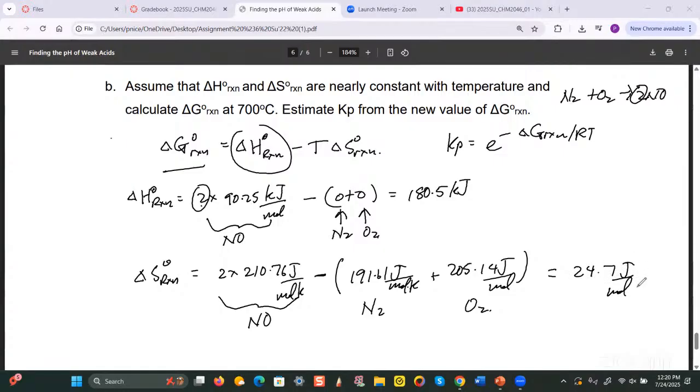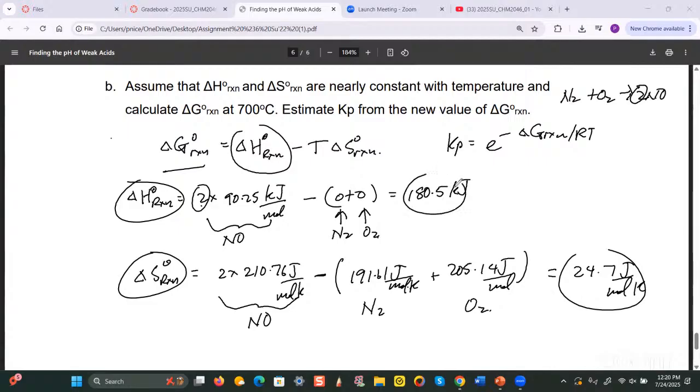Okay, so now that we have delta S and delta H, we can plug these and the temperature into this equation to get delta G of the reaction. So let me just erase this top part here.